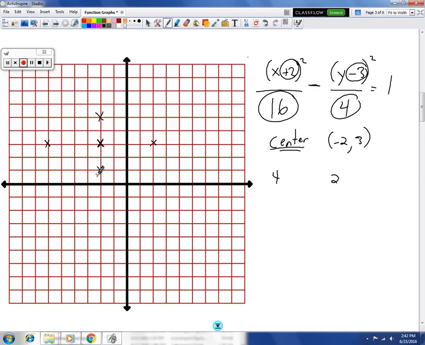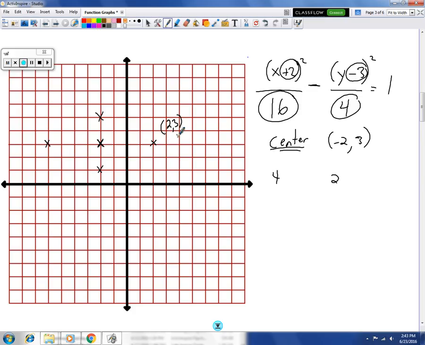Well, we know the bigger number is in front, and it's underneath x, so on our x direction those are points, but let's make sure. Would I have a legitimate answer if I put in x equals 2? The coordinates right there are 2 and 3.